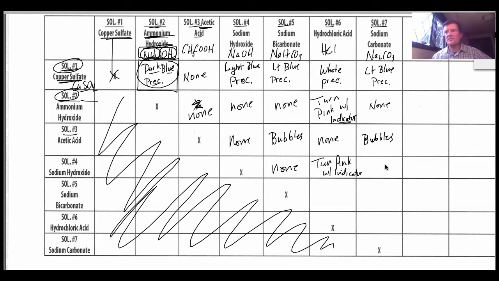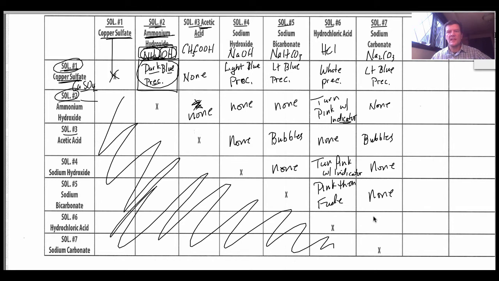And 4 with 7, there's going to be no evidence here. Let's go 5, and 5 with 6 and 7. So 5 with 6, it's going to be pink. Then it's going to fade. It's going to be pink initially, and then it's going to kind of fade to being colorless. All right. And then here, there's none, no evidence there.